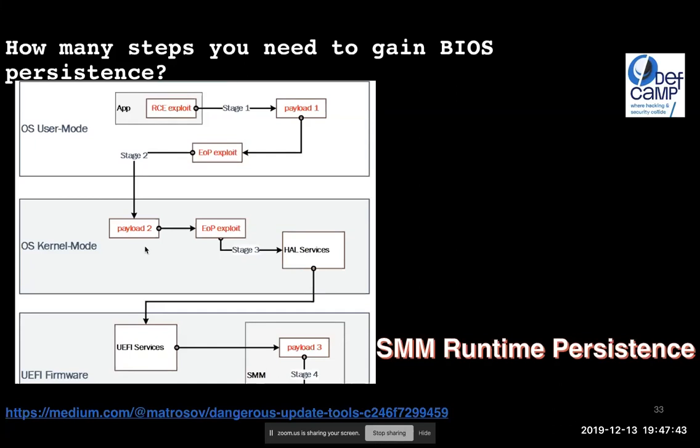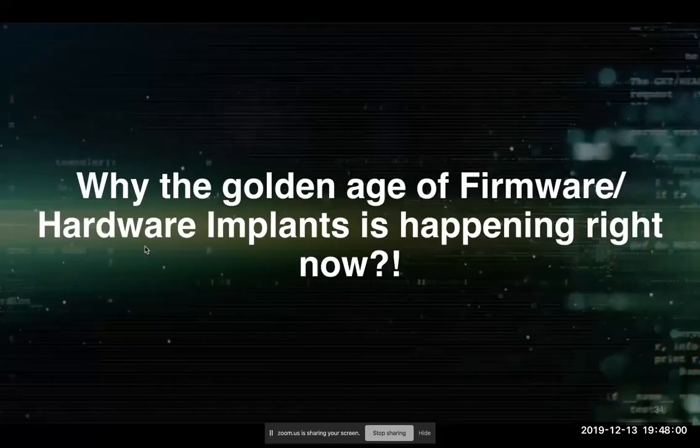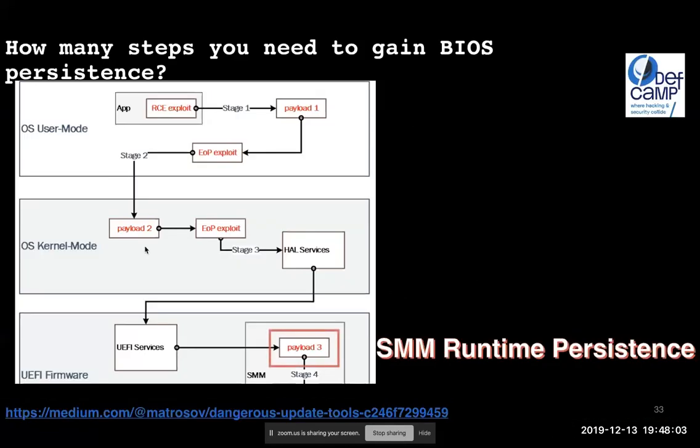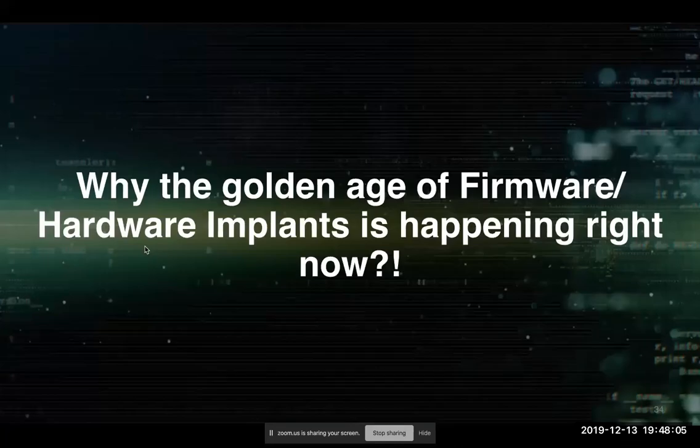And even if a malicious implant doesn't have the ways to gain persistence on the SPI Flash chip, it can persist in SMM runtime for quite a while. So it's exactly why the golden age of firmware and hardware implants is happening right now, because you can see the problem is quite big.